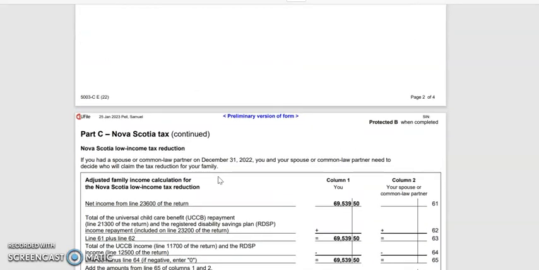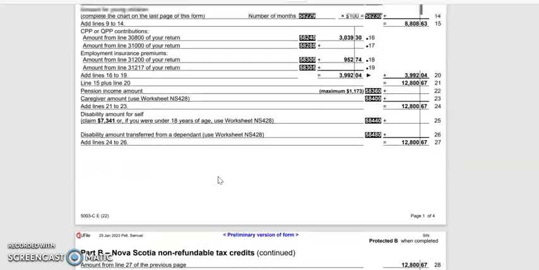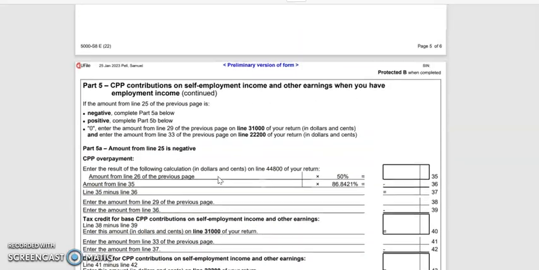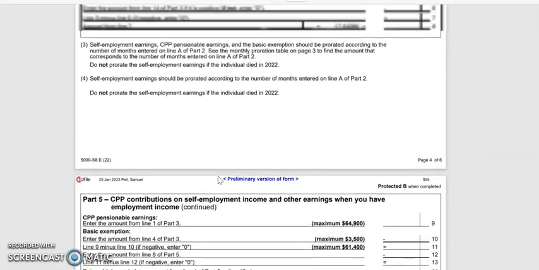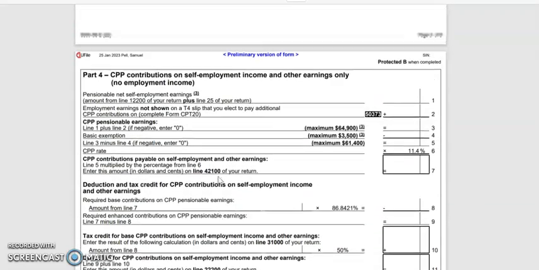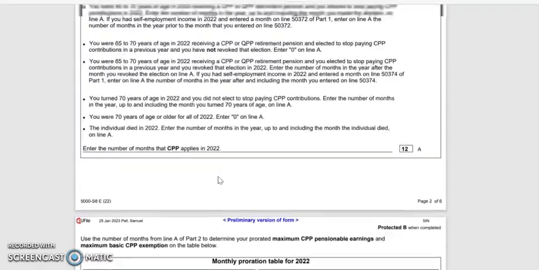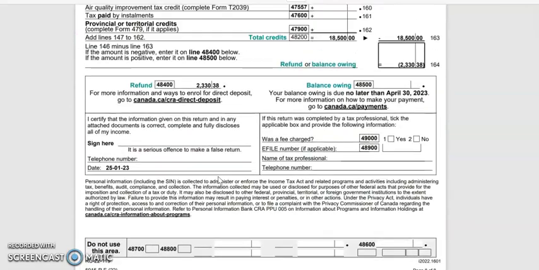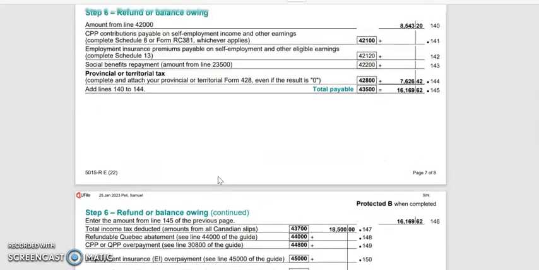So we'll go back up to the original document, our tax return, and we were working on the refund section, refund or amount payable. Here we go.